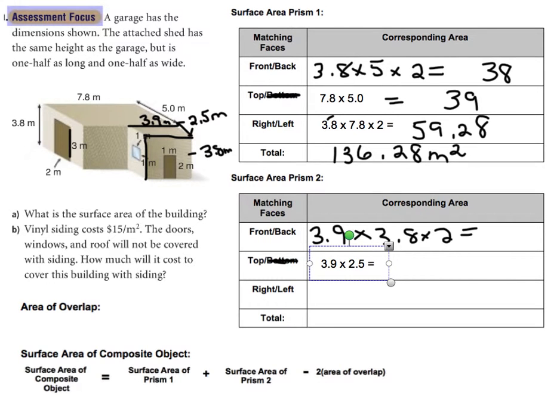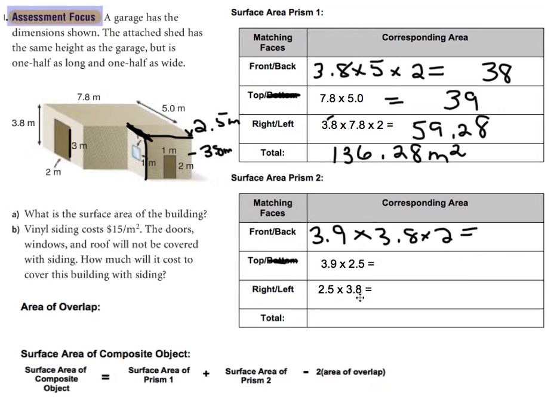Okay, and then your, oops, it's 2.5, sorry, I erased the wrong one. And then your right would be 2.5, that dimension, because it's the same as this dimension over here. So 2.5 by 3.8.